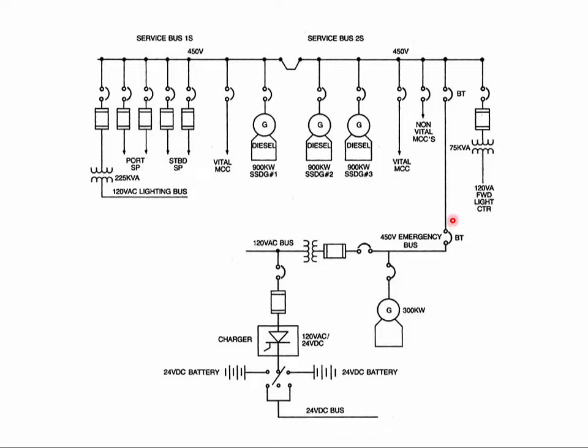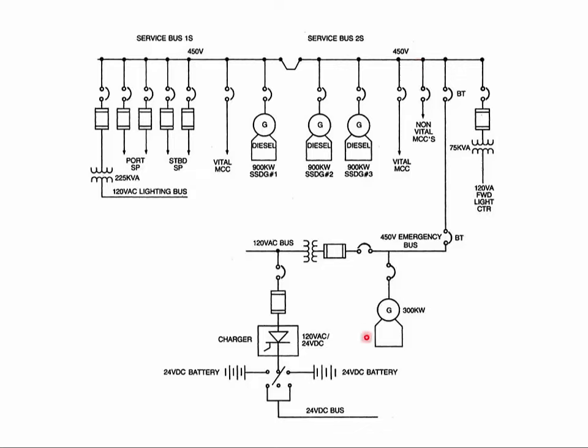The automatic bus transfer system senses voltage right here just before the emergency bus tie. If that voltage goes to zero, it knows that there is a blackout condition. The first thing that it's going to do is open the emergency bus tie circuit breaker. So this breaker opens so that these two switchboards are now separate and are not electrically interconnected.